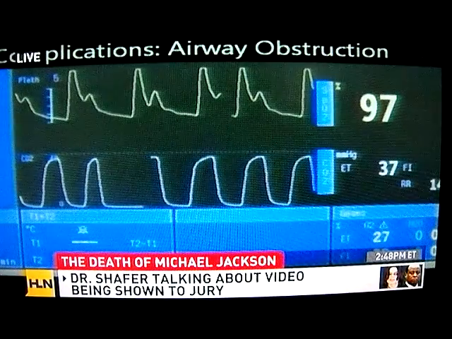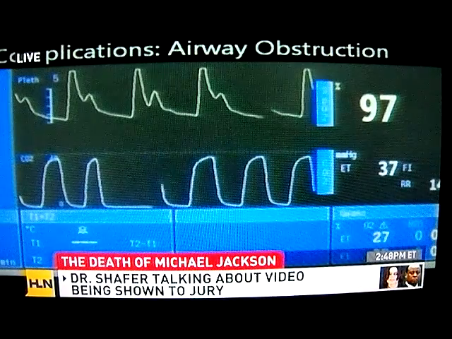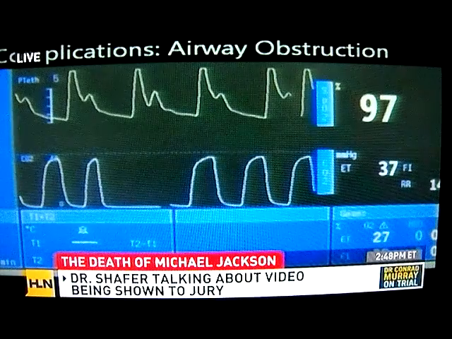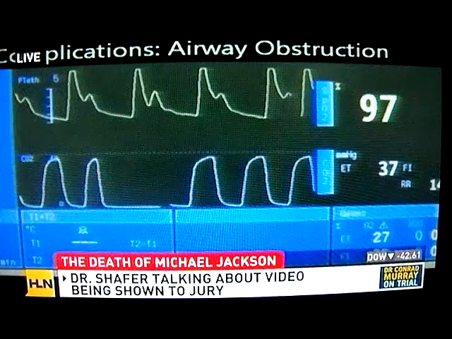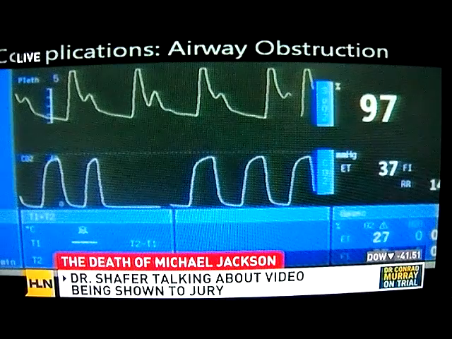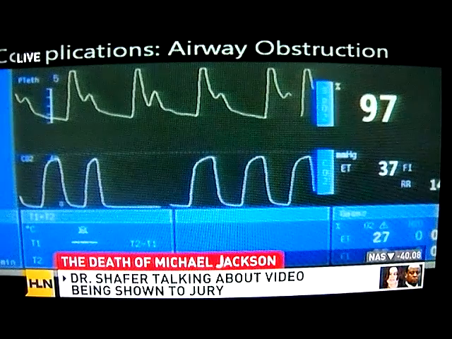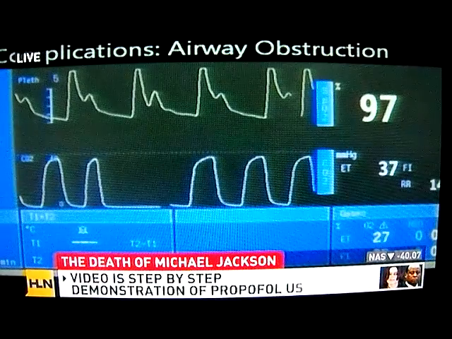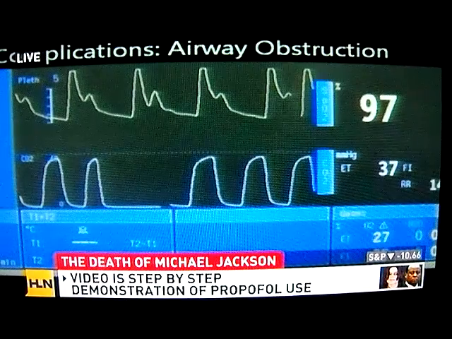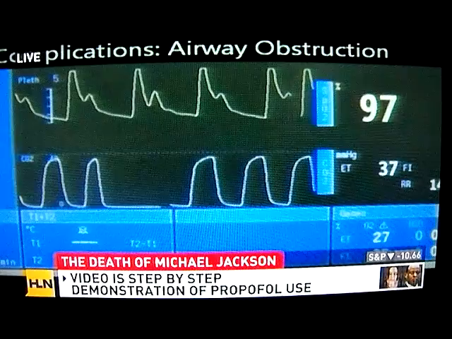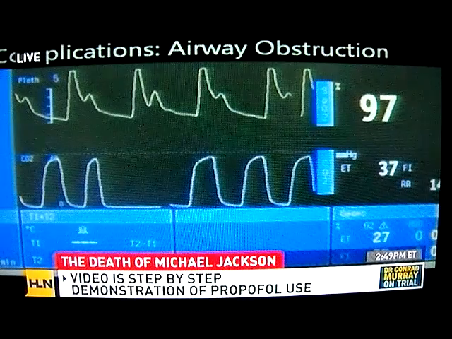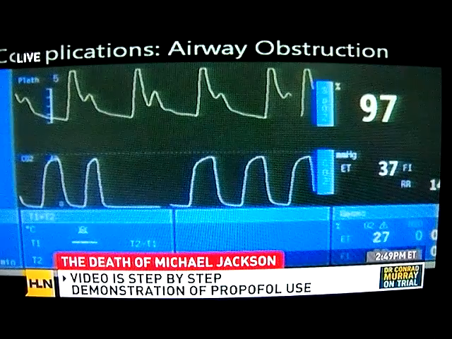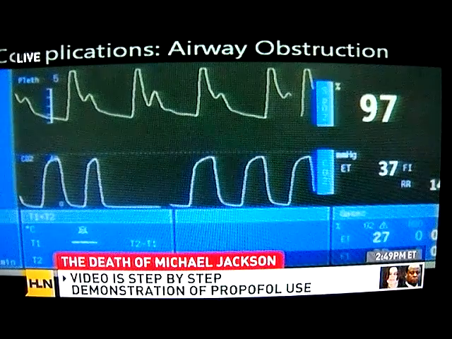Now, let's go a little bit further, and stop here. This is the carbon dioxide. This represents when the patient is exhaling, and there's carbon dioxide seen at the sensor, and then the patient inhales, patient exhales, patient inhales, and so on. But right here, patient now exhales, and then the carbon dioxide stops.